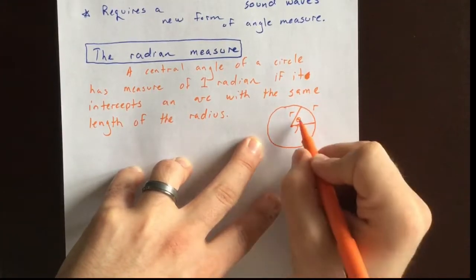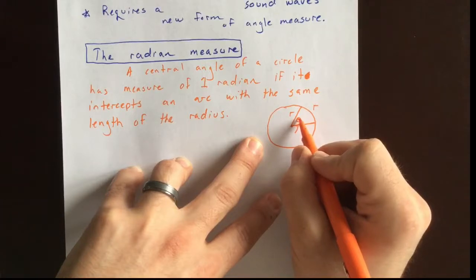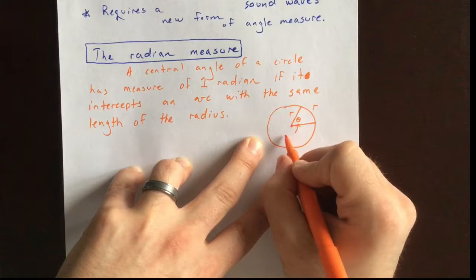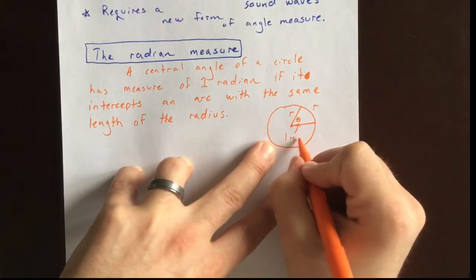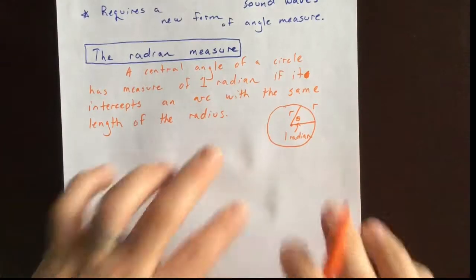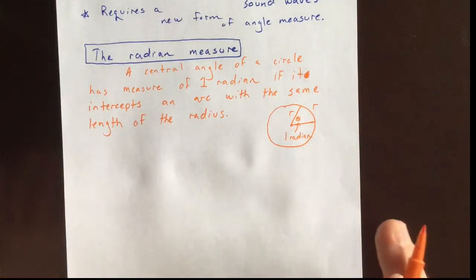So when the angle measure provides an arc of the same measure as the radius, we call this 1 radian. That is what a radian is.